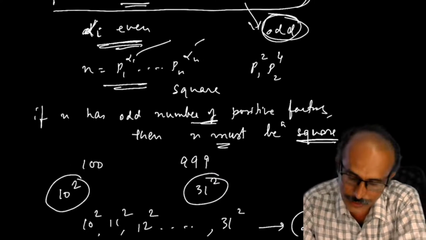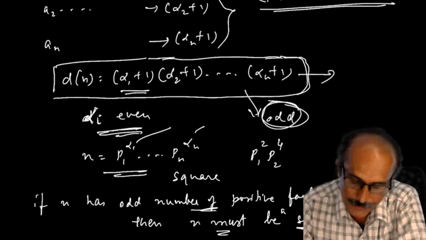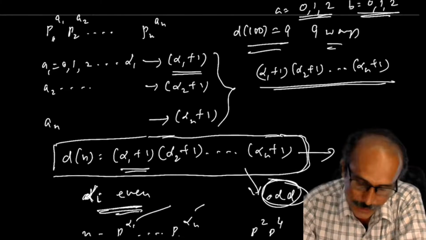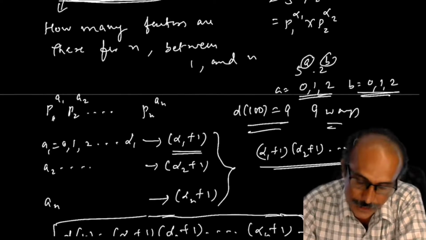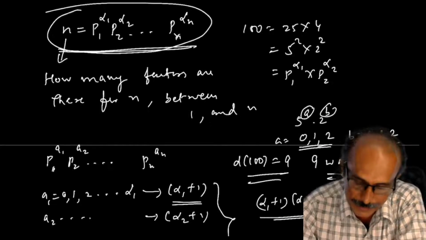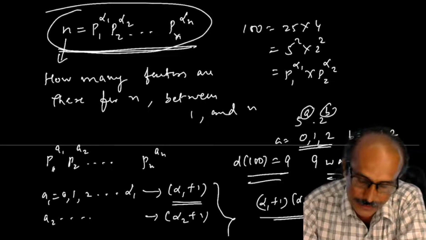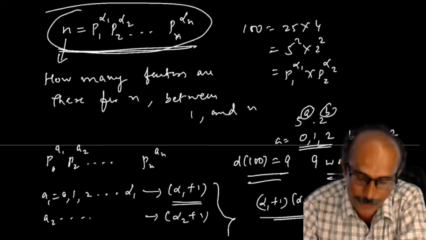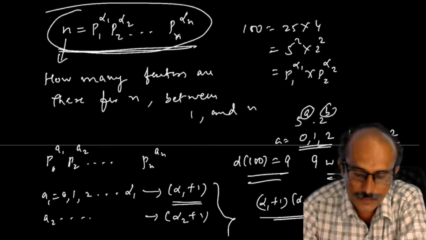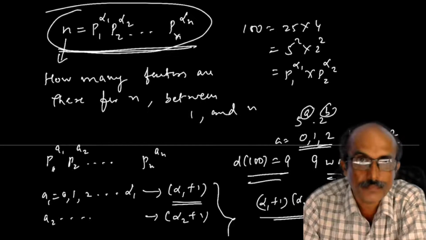So we just note an important fact here. If n is equal to p1 power alpha 1 etc. pn power alpha n, which is what is called the fundamental theorem of arithmetic. Every natural number can be written as product of prime powers in a unique way. That fact is called the fundamental theorem of arithmetic.